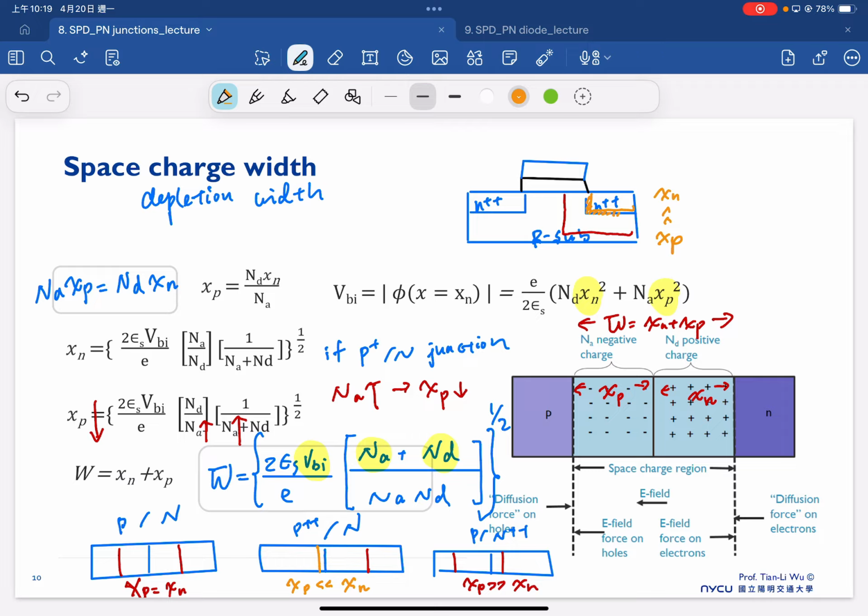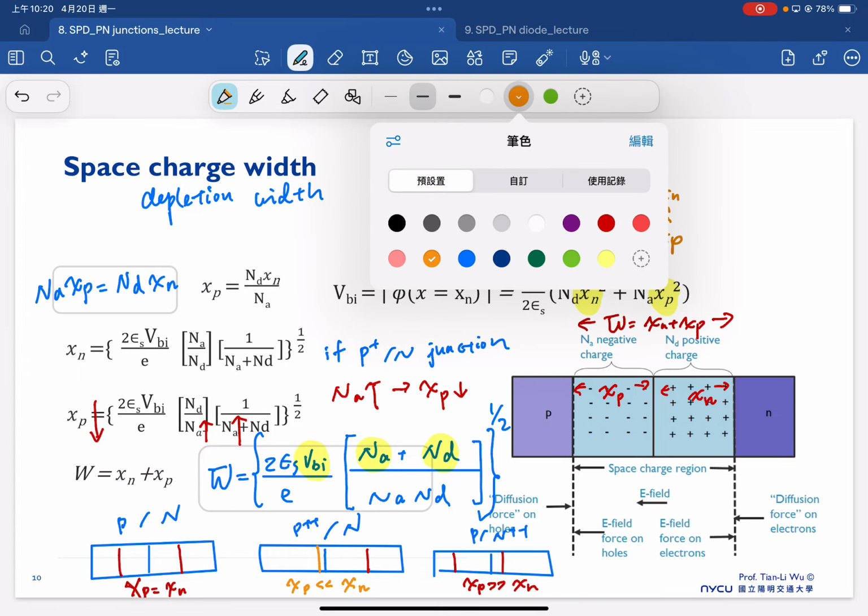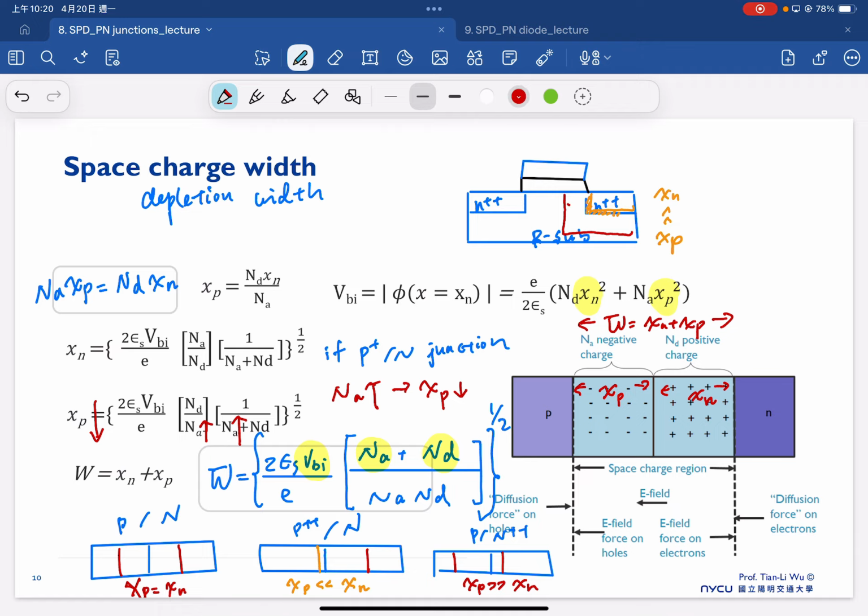We will talk about that later. So in the end, we will have a very narrow depletion width in the drain, but a very wide one in the substrate. But now you will see this can create certain issues, because now we have a certain space charge in this region.